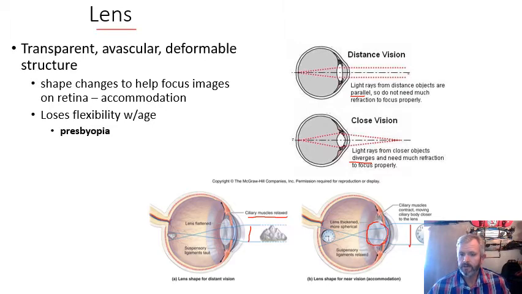So when the ciliary muscles contract, that takes off a lot of the stretch, the pull by the suspensory ligament. We contract the ciliary muscles, and now it can bounce back. It's elastic, the lens bounces back, and it is in this more circular structure. That is going to allow us to bend the light rays, to refract them, much quicker.